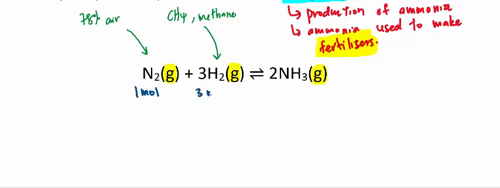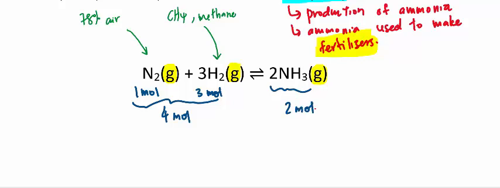Here, how many? 3. Very good. You can recognize numbers. So total is 4 moles. See, I didn't even try you with arithmetic. I told you 4 moles. Over here at the product got how many? 2 moles. Okay.